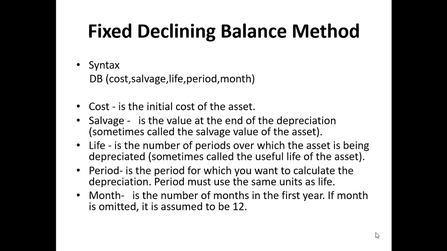Compared to the previous method, this depreciation method will help you even to do the depreciation for a partial year. So it is an added advantage of this particular method. We'll see what partial depreciation means later. We are going to work out a question for that, and then you would be more convinced.